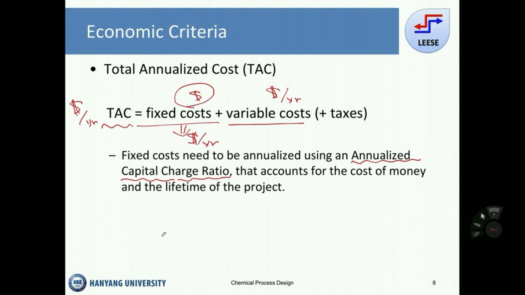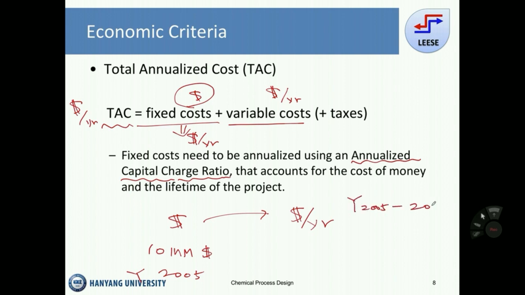The concept of the annualization factor is to convert the cost on a lump sum basis to cost on an annual basis. So, for a heat exchanger, we buy the heat exchanger in the beginning, say for $10 million in the year 2005, okay? Then the project lifetime is, say, from year 2005 to 2025, let's say 20 years.